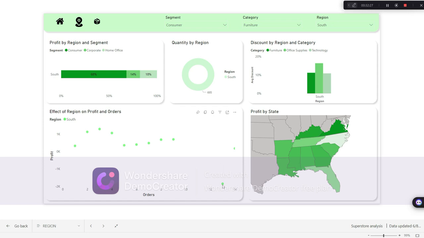We have to give more discount on orders above 13 quantity to make profit. In state North Carolina, we made losses, and in Virginia we made profit of about 2535.